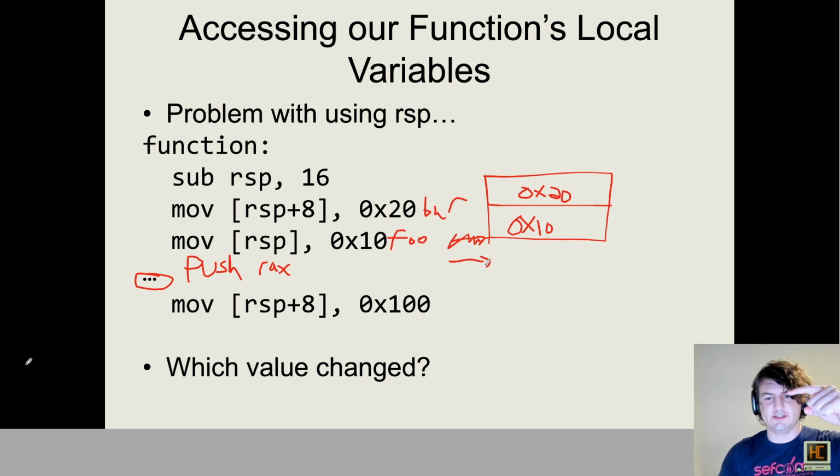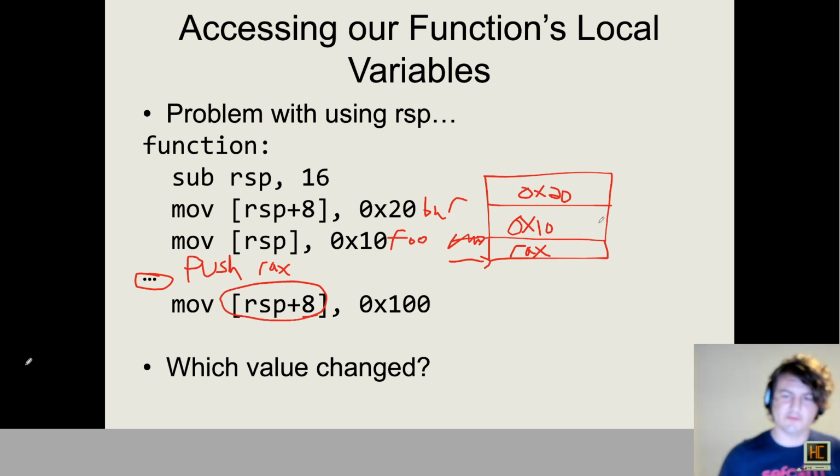So the stack pointer gets moved down 8 bytes, and whatever was in RAX, we don't know what that is, gets put onto the stack. Now when we calculate RSP plus 8, what does that point to? Bar, foo, or whatever was in RAX? Yeah, now RSP plus 8 points here, which is foo.